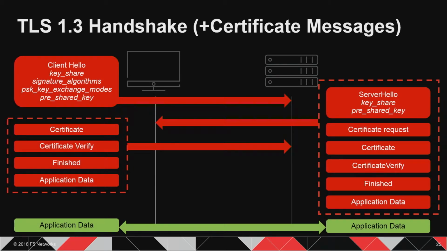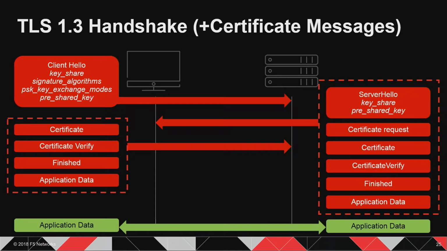So this is a closer look at how certificate messages look inside TLS1.3. All these things are extensions in the client hello. And the server responds, and it can send all these messages, sends its requests. This is obviously for client certificate authentication.